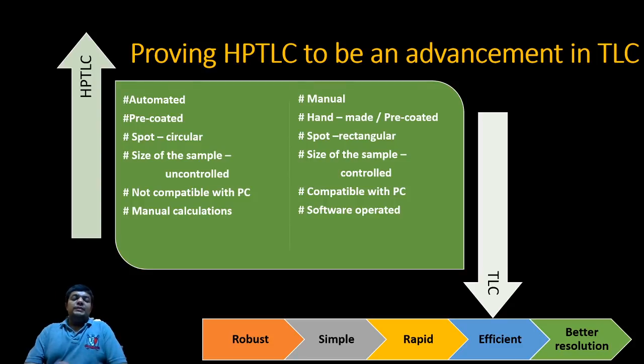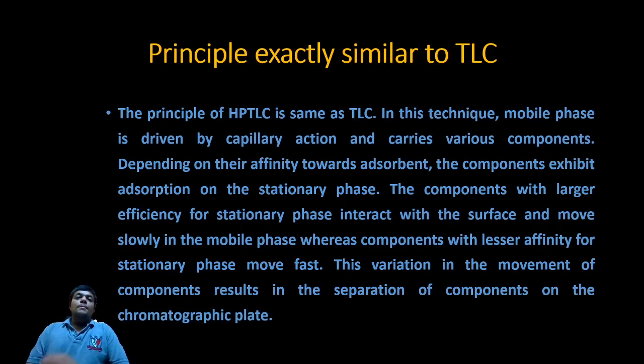So these are the points which make HPTLC more advanced and more likely to be chosen in place of TLC, especially in natural product chemistry and drug chemistry. The principle is exactly similar to TLC: in this technique, the mobile phase is driven by capillary action and carries various components.